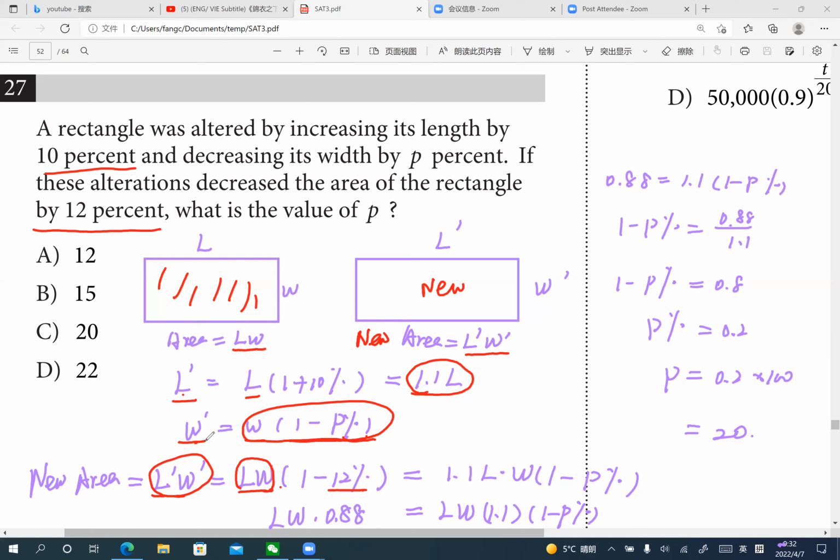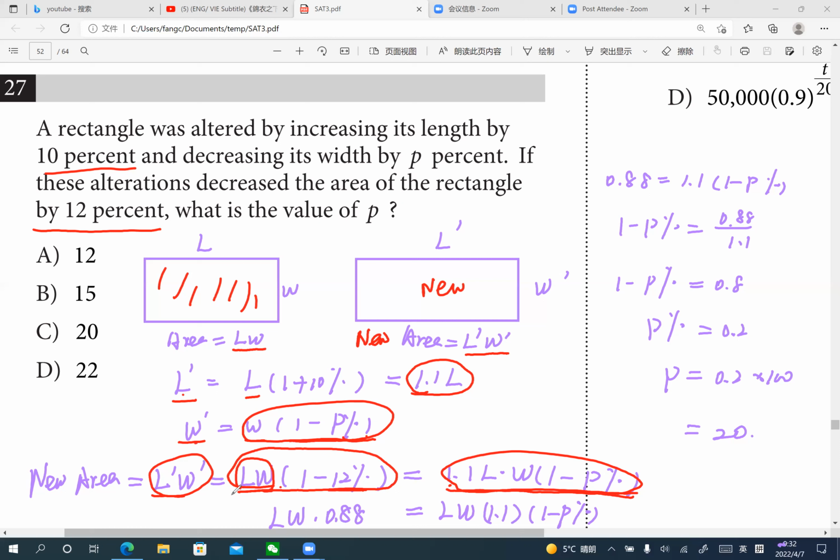So the new area, we can use 1.1 L times W times 1 minus p% to represent. From the given information, these two expressions should be equal to each other. So next, we just need to solve the equation and find the value of p.